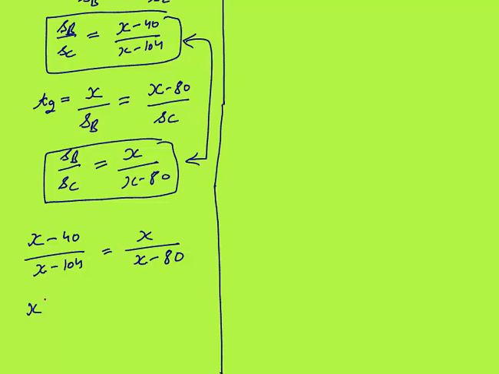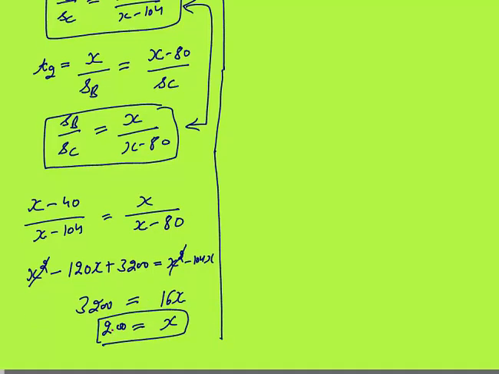Cross multiply: you will get x square minus 120x plus 3200 equals x square minus 104x. X square will be cancelled out. You will get 16x equals 3200 and x will be equal to 200. So your length of track was 200.